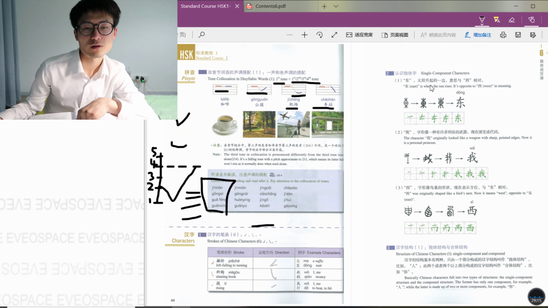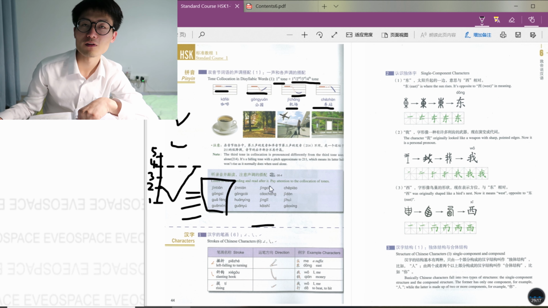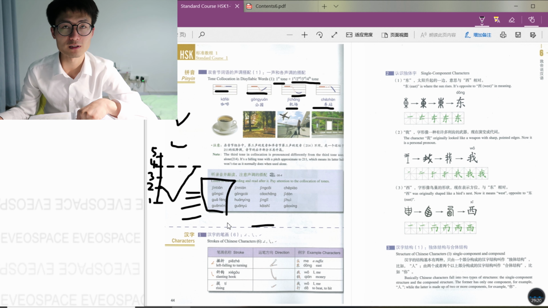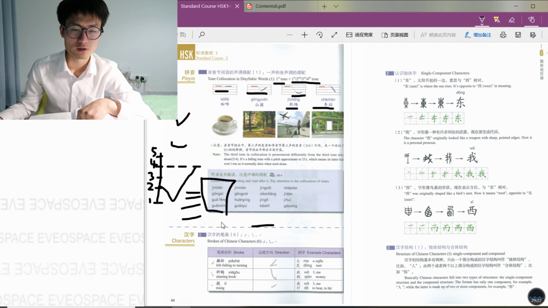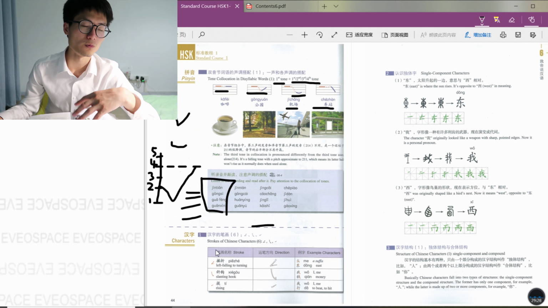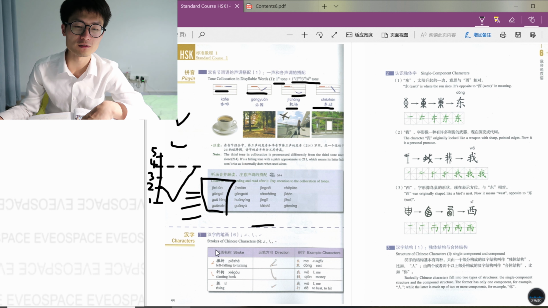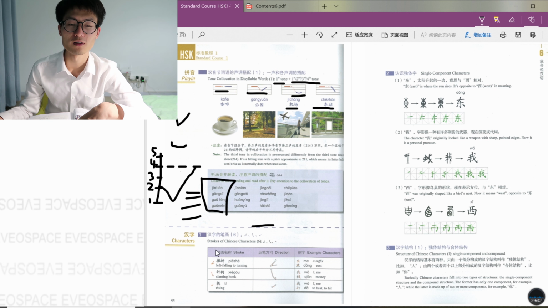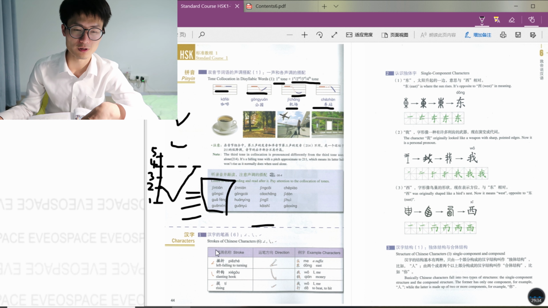And then we move on to the characters. Okay, so it's the last part of strokes. So after this lesson, you will have learned all the strokes. Okay, first one, left falling to turning.